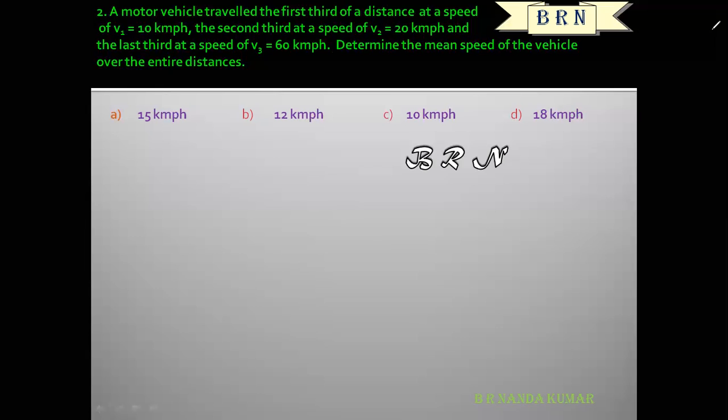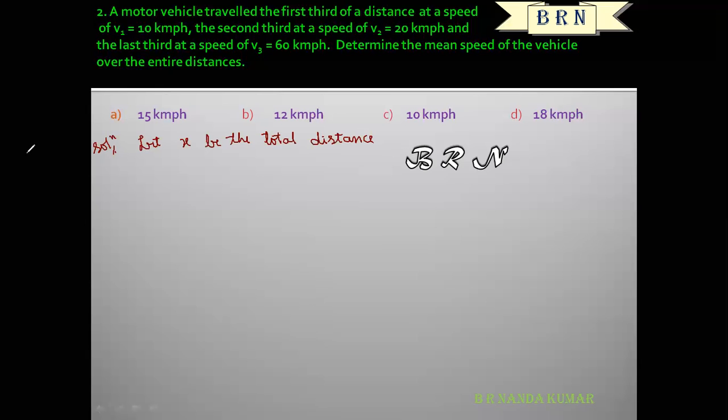Okay, so what is the solution? Again, let us consider x to be the total distance covered by the motor vehicle.